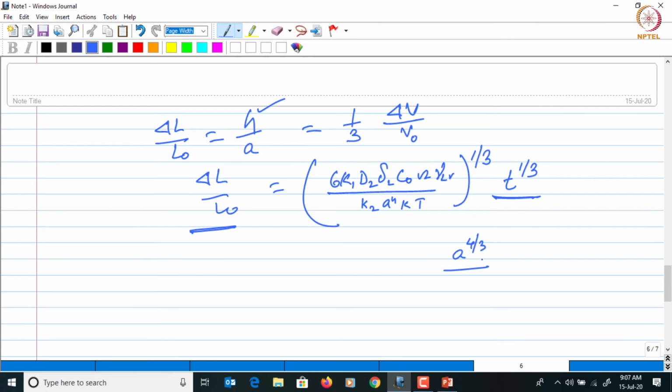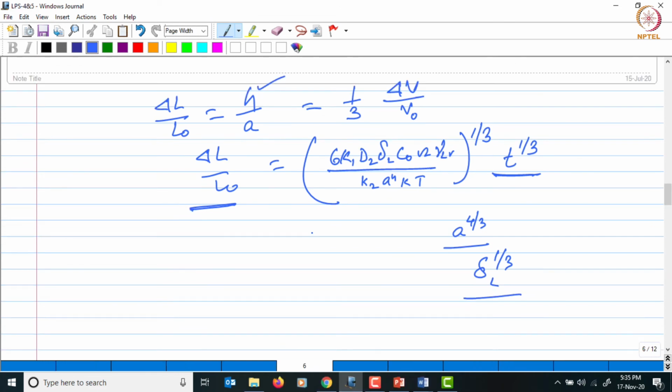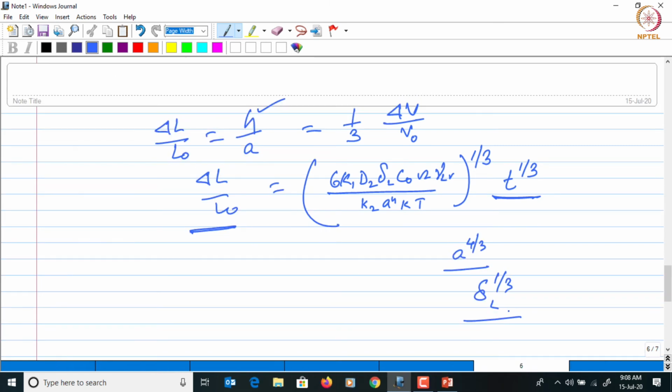Which again means that the shrinkage is higher for lower particle sizes, or the densification is higher for lower particle sizes, and the densification also increases with 1/3 power of the thickness of the liquid boundary. So this is when the diffusion through the liquid is the rate controlling mechanism. Right, so these are the parameters which affect the densification in this particular mechanism of solution precipitation.